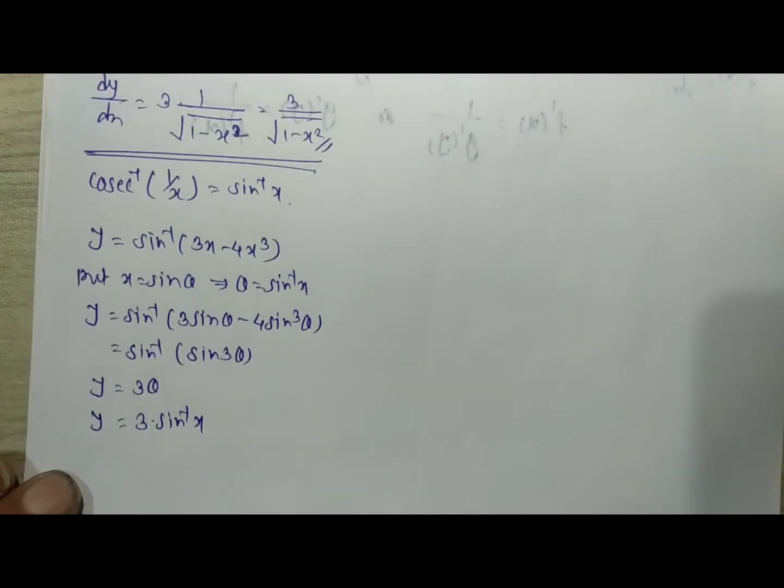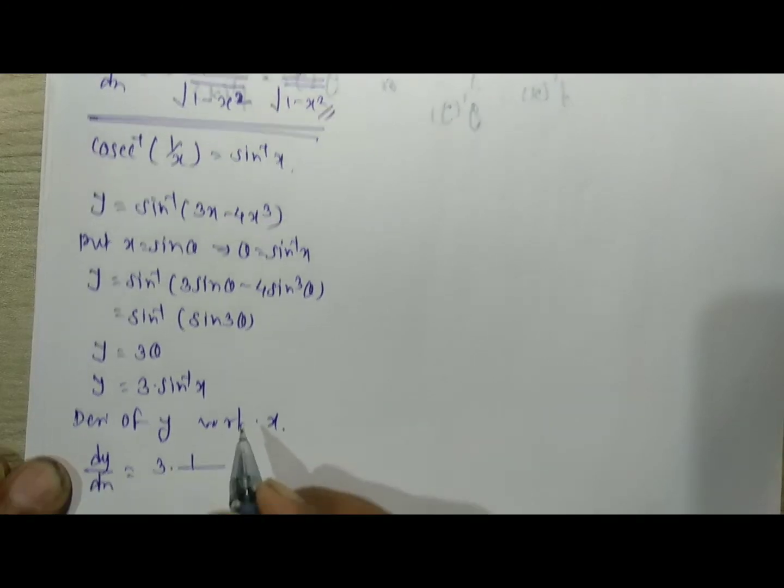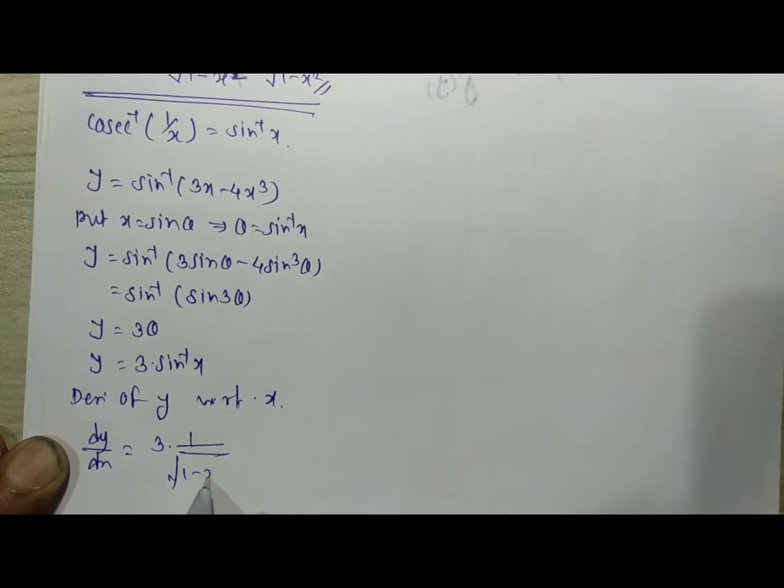Again y is a function of x, and therefore the derivative of y with respect to x, dy by dx, is equal to 3 into the derivative of sine inverse x, which is 1 divided by square root of 1 minus x square. So it is 3 divided by square root of 1 minus x square.